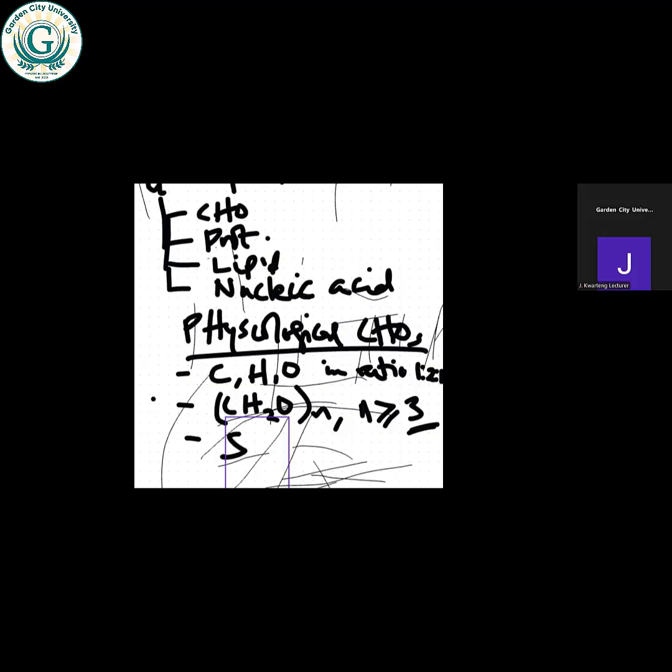In other words, there are 2 main sources of physiological carbohydrates. Number 1, through diet. So we normally call this the exogenous source. Through diet, you can get carbohydrates in your cells through the carbohydrate-rich diet that we take.